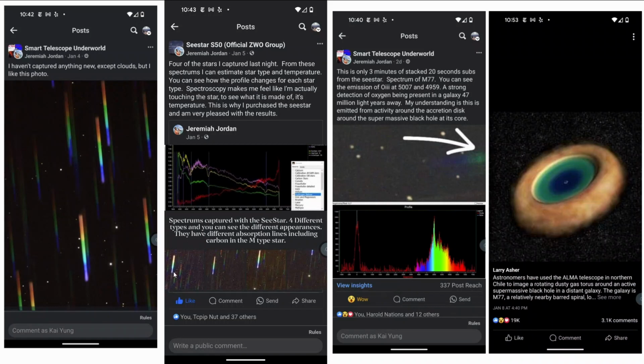Some stars are very hot, some stars are very red and cold. Again, all of these are each on their own frame, so it's quite easy to process, and it's very bright, and you can see a lot of different stars in the neighborhood, and lots of spectra.